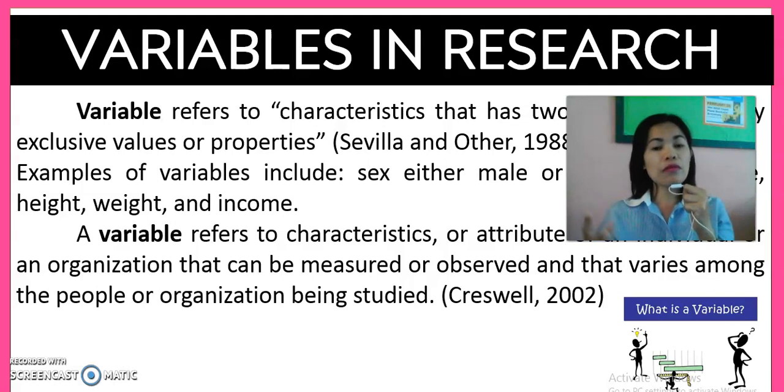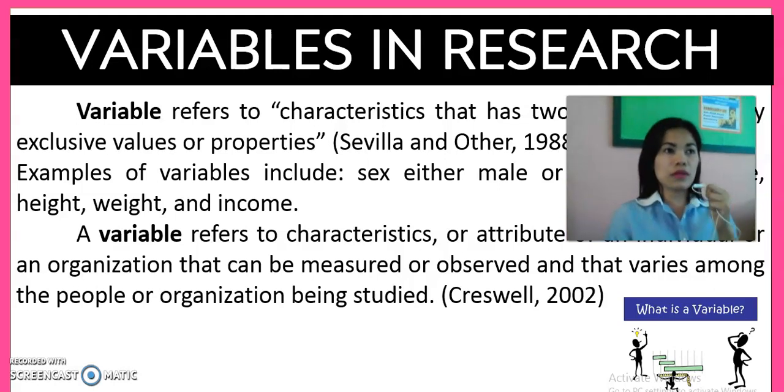So when you think of variables, those are characteristics in your research subject. Like for example, the age, the sex, whether male or female, things like that, or the income, if you consider that.